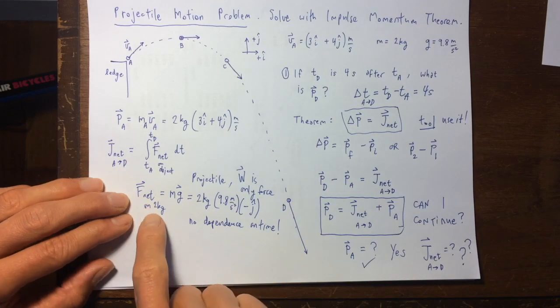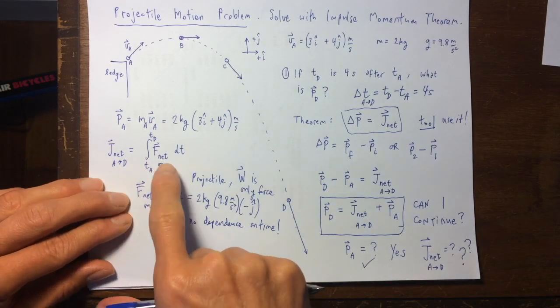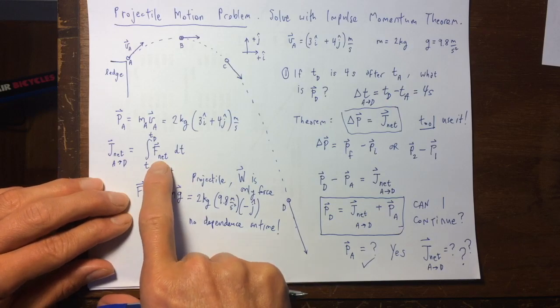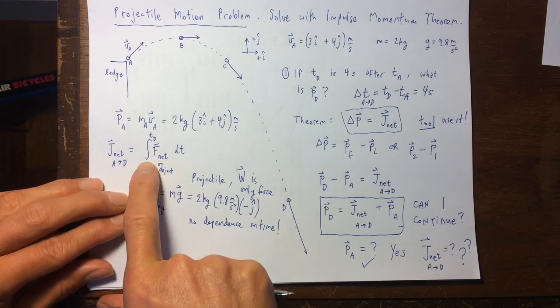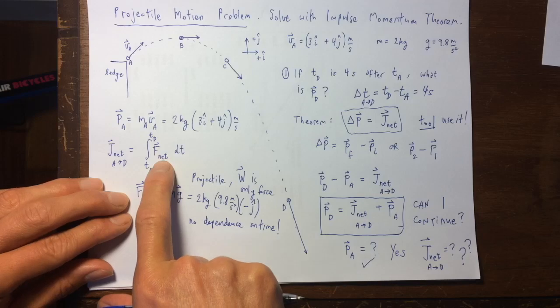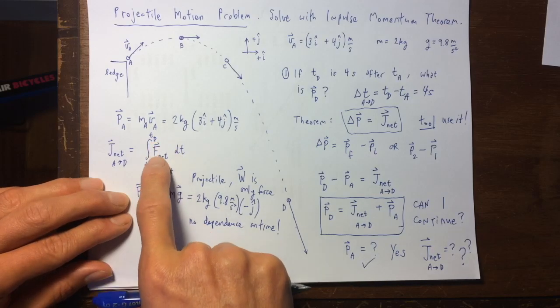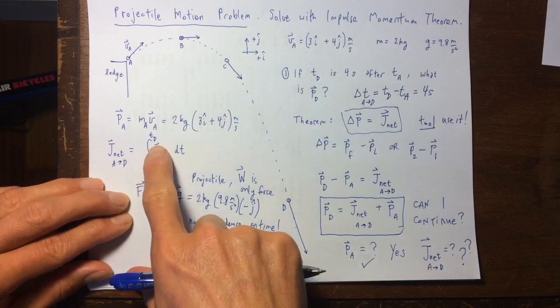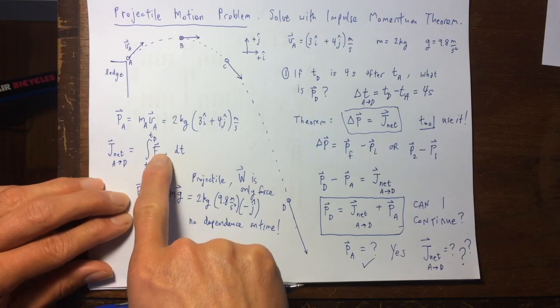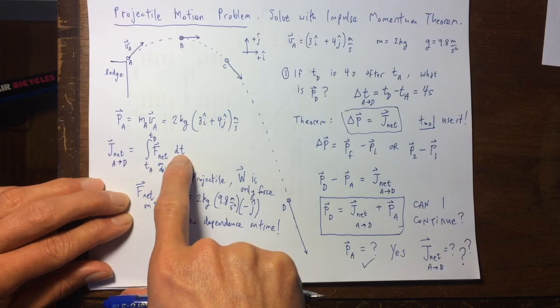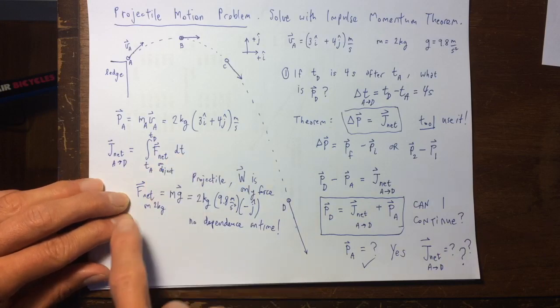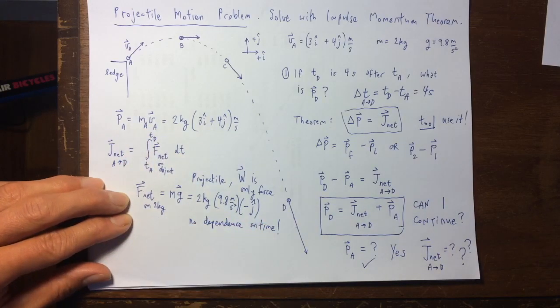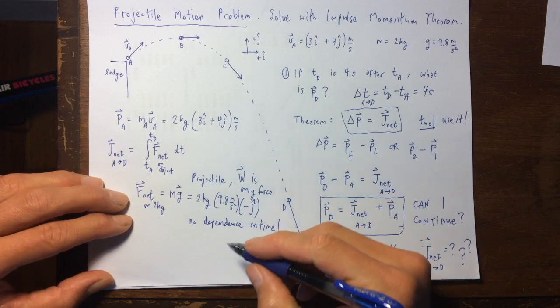This function that in general can be time dependent, which is why it's inside the integral symbol, if it's a constant in time, then it's a constant in the integral, even though it's a vector. You can take it out as a common factor on the rest of the integral.